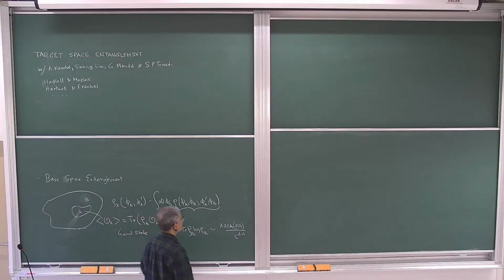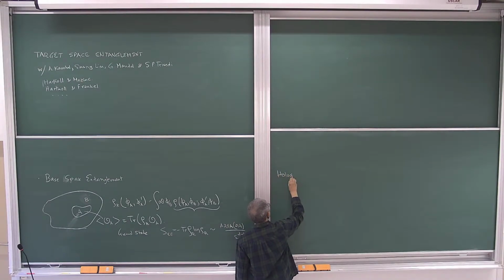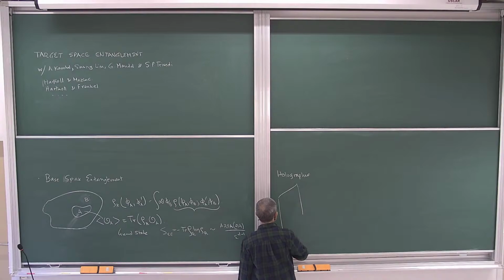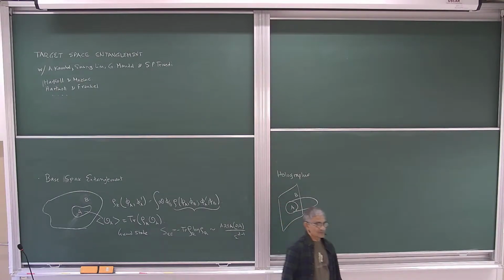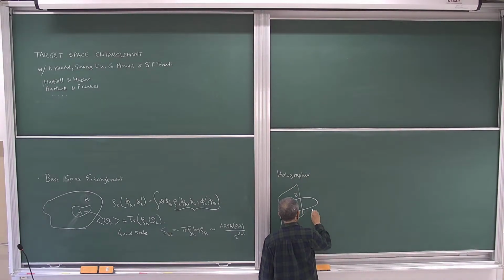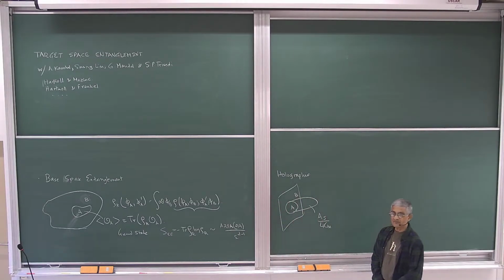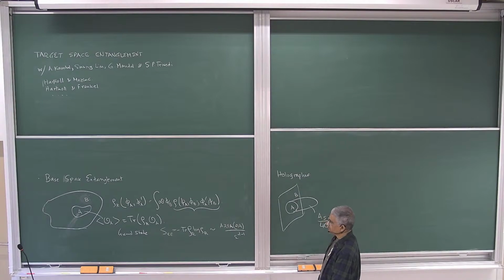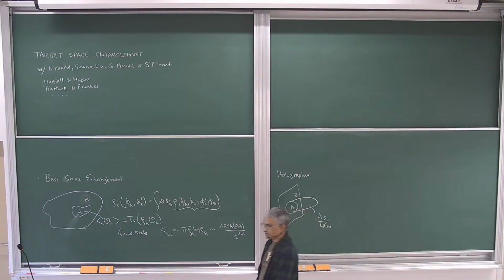In holographic theories, there is a beautiful geometric understanding of this, namely if the field theory is defined, say, on the boundary, then what you are supposed to do is to draw an extremal surface which is sort of anchored on the boundary of this A. And the Ryu-Takayanagi formula tells you that you want to calculate the area of that extremal surface, divide by 4 times the Newton constant, and what you will reproduce is the field theory entanglement entropy.